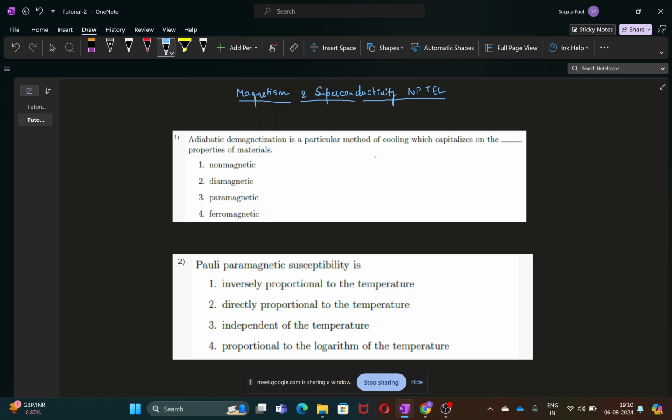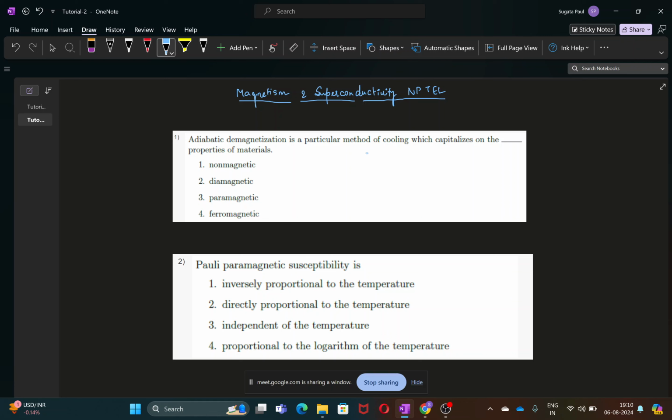You can go down to the millikelvin range in this method, and that is why it is very useful for superconducting materials, because in some materials you can reach the superconducting temperature range of those materials which have very low TC value.